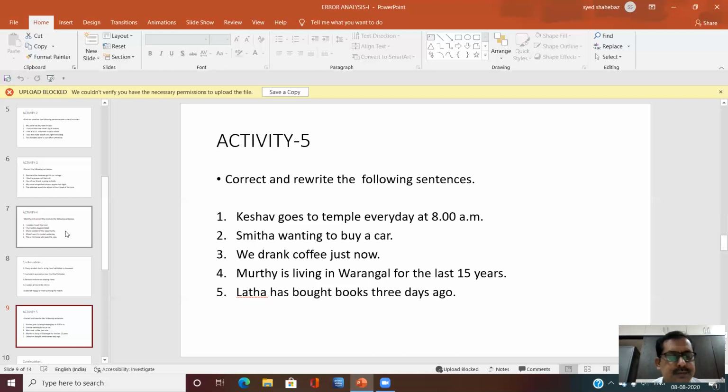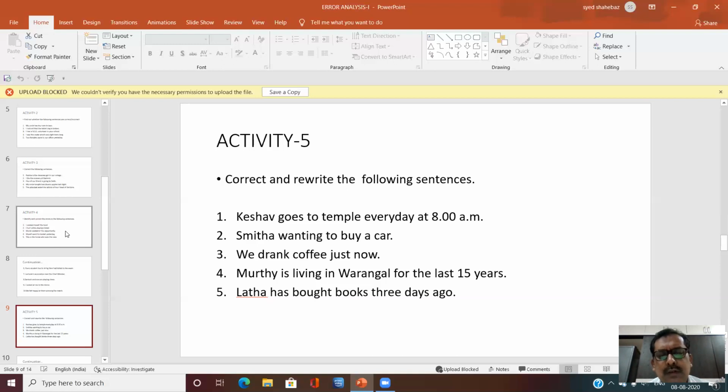Next, third sentence. We drank coffee just now. This sentence has to be in the present perfect tense. Drink, drank, drunk.